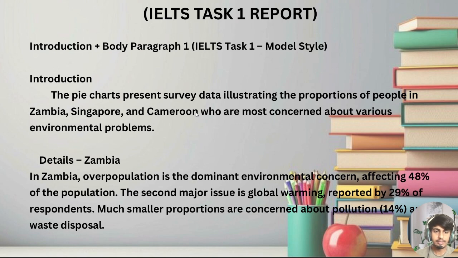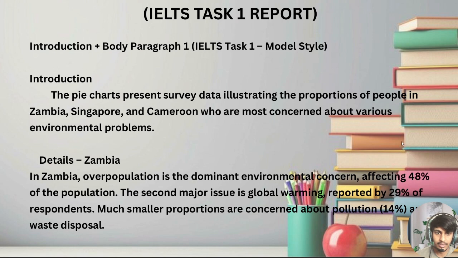Now, this sentence is the introduction, and why is this correct? It mentions what the chart is, it mentions the data type, survey data, and it mentions who and where: people in 3 countries. So no opinion, no numbers, no extra information. This is exactly what IELTS expects in Writing Task 1.